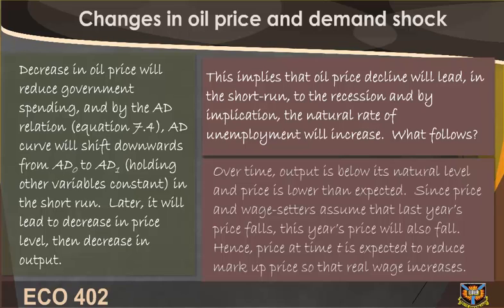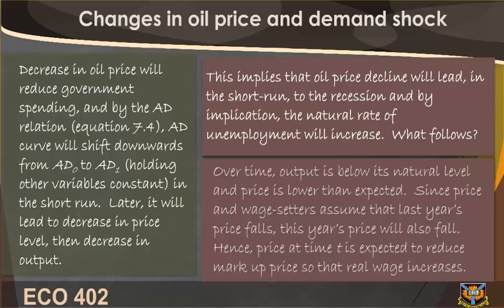This implies that an oil price decline will lead in the short run to a recession, and by implication the natural rate of unemployment will increase. What follows? Over time, output is below its natural level and price is lower than expected. Since price and wage setters assume that last year's price fall, this year's price will also fall.